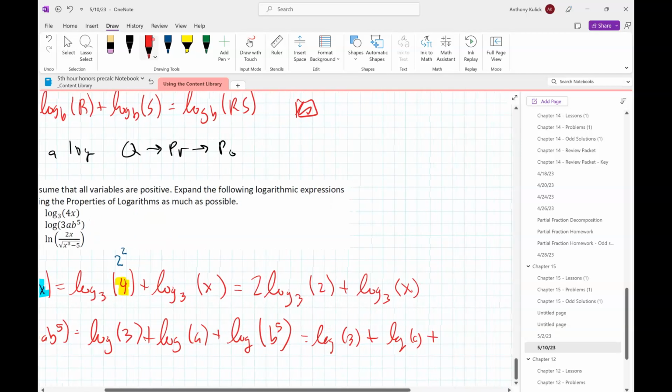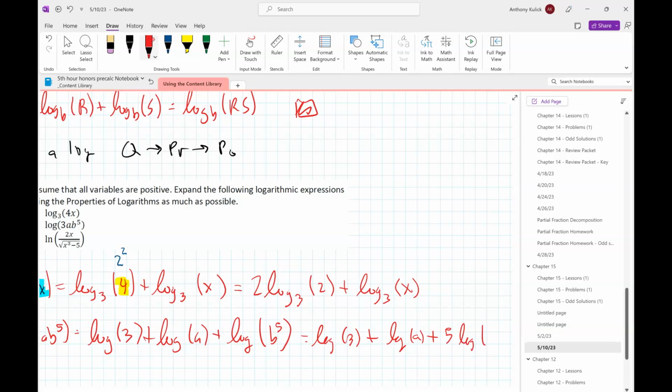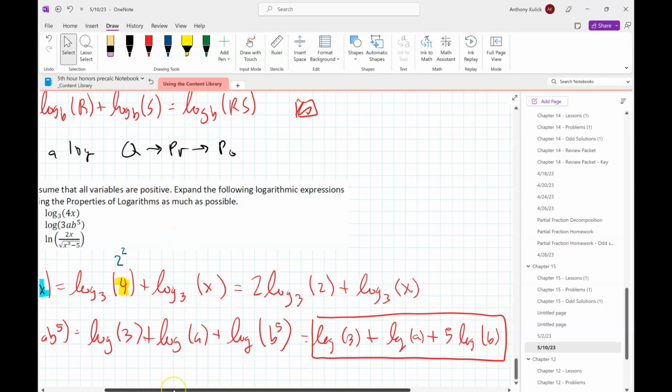Last one, log of b to the 5th: quotient, product, power, yes. And then I should check log of b to make sure there's nothing else going on there, but clearly there's not. It's a monomial, or a monic variable or whatever.